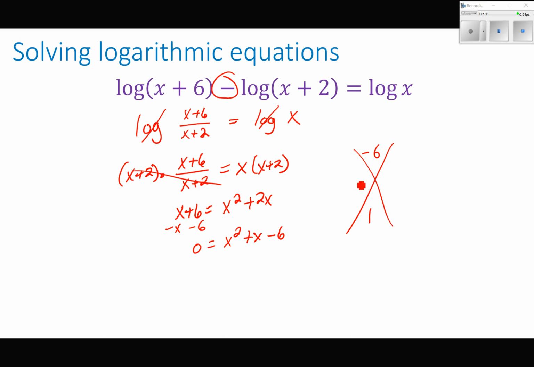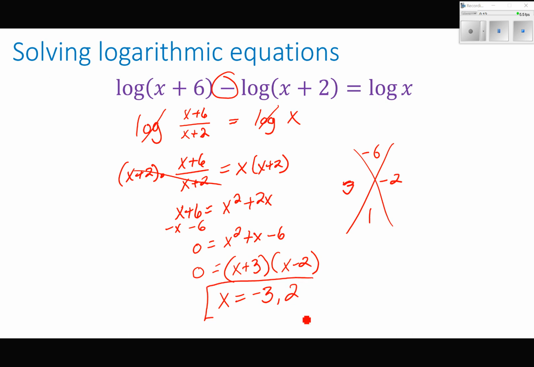Well, I could do 3 and negative 2. That will get me my 1, and they multiply to be negative 6. So this is really 0 equals x plus 3, x minus 2. So therefore, x is going to be negative 3 and a positive 2. So we got back to where we're working with quadratics to be able to solve.